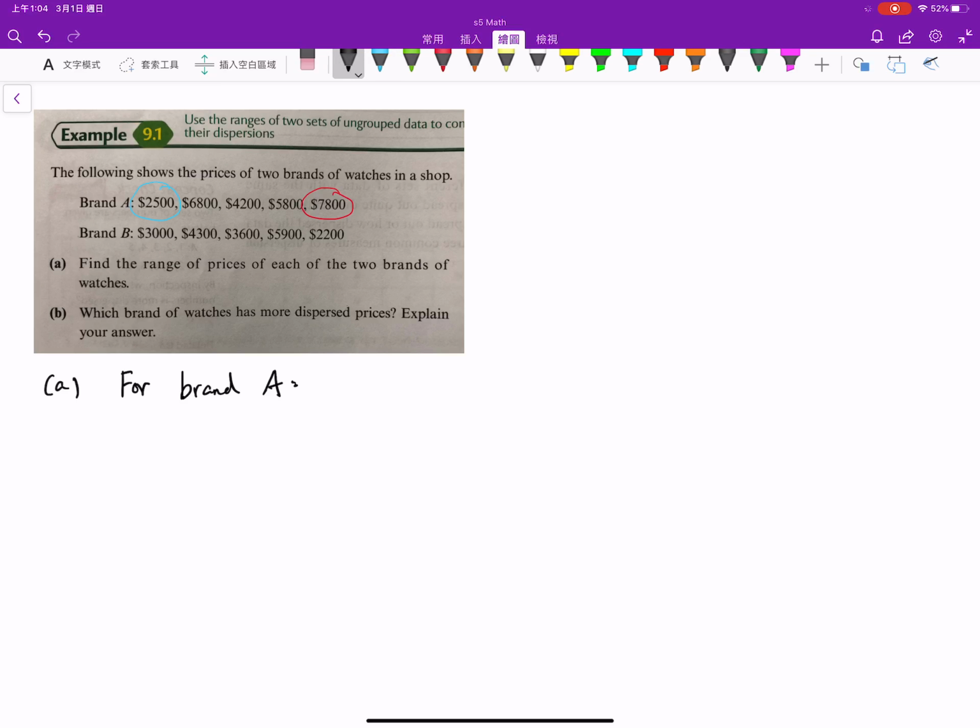Then we can get the range equals 7,800 minus 2,500. Then we get this one. Don't forget the unit. There is still the unit there. So now we try to find brand B. Look at the range.